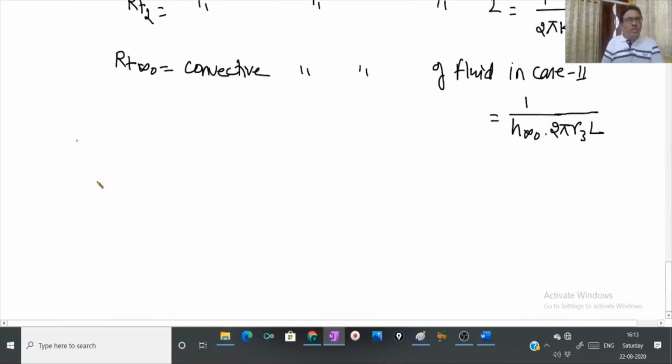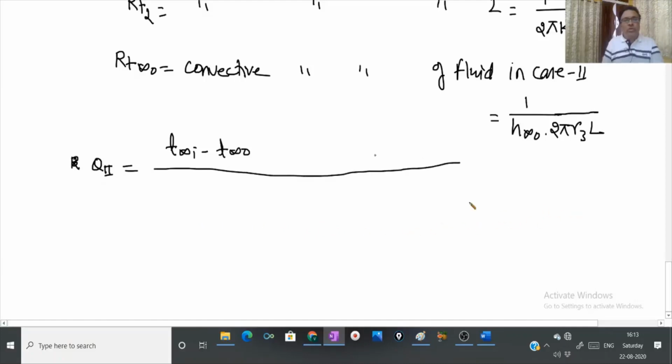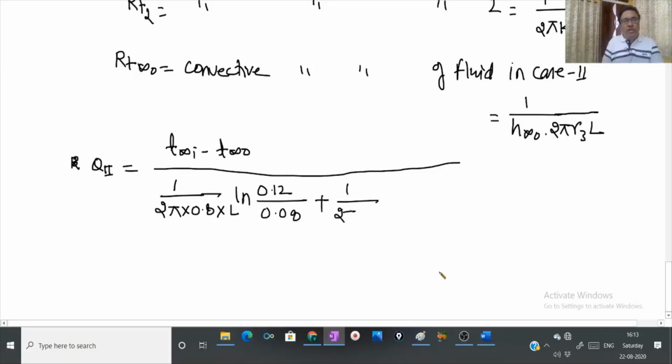Putting all those values of RT1, RT2 and RT infinity O into equation number 3 will give me Q2 as T infinity I minus T infinity O over 1 over 2 pi K1, which is 0.8, into L log of 0.12 over 0.08, this is RT1, plus 1 over 2 pi K2, which is 1.2, log of 0.13 over 0.1.